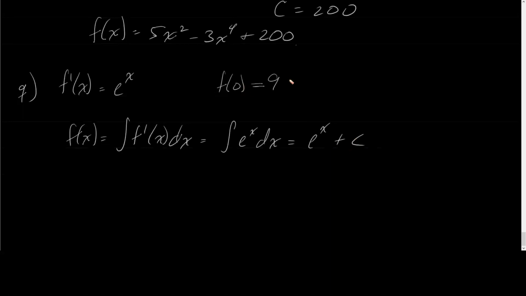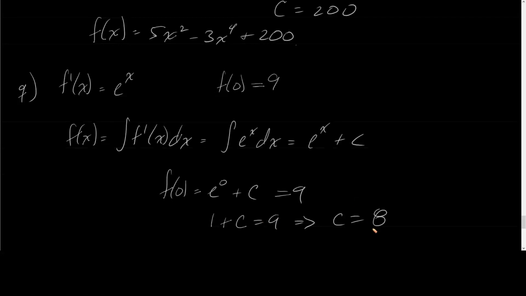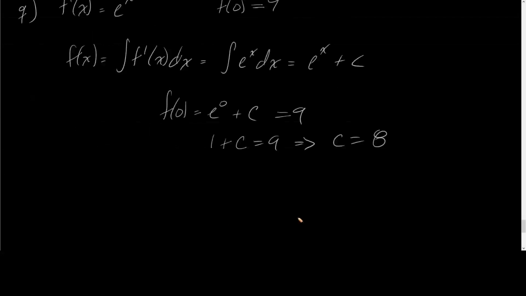But I know that when I plug in 0, I'm supposed to get 9. So f of 0 is e to the 0 plus c, and I'm supposed to get 9 out of that. E to the 0 is 1, so 1 plus c is 9, telling us that c is equal to 8, right? Subtract 1 from both sides. So now that I've got that value of c, that tells us that f of x is actually equal to e to the x plus 8.